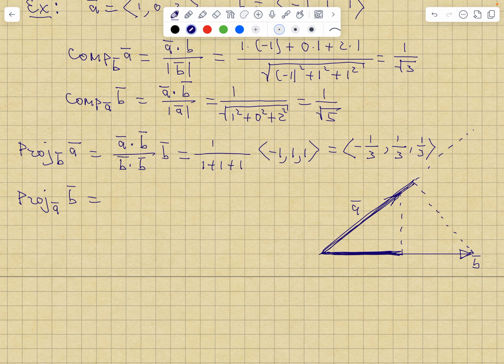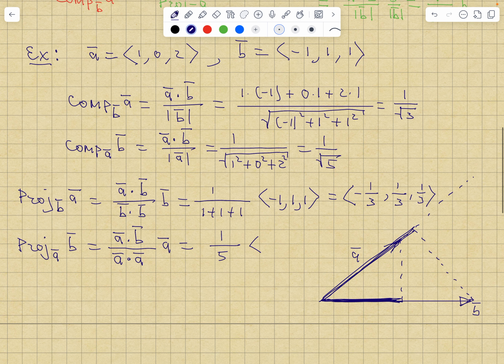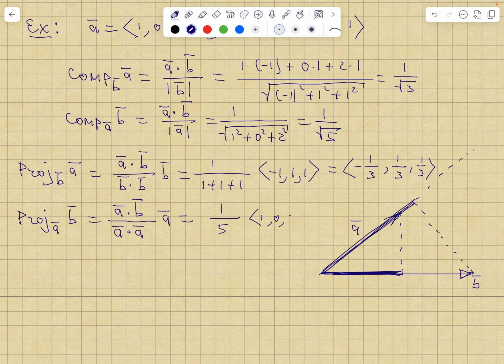And likewise, projection of b onto a is a dot b, but now this is divided by a dot a, and this multiplies a. So a dot b is 1. Magnitude of a was square root of 5. So square root of 5 squared, 1/5. And then a is 1, 0, 2. And so what we get is 1/5, 0, 2/5.